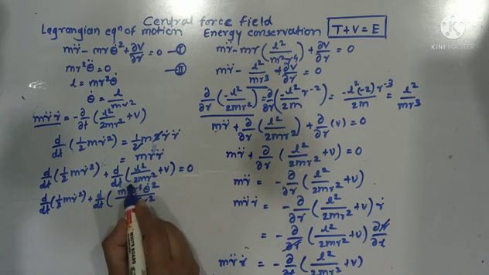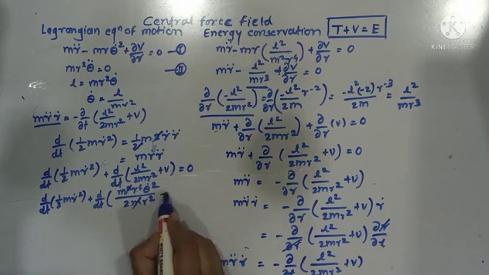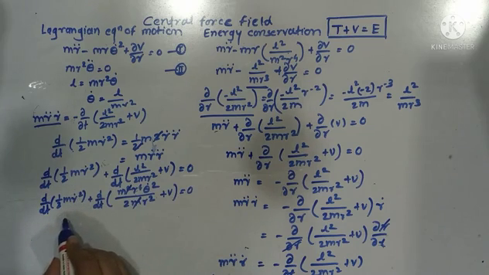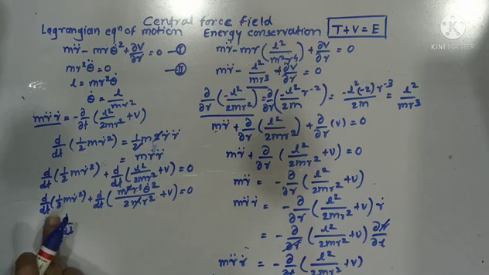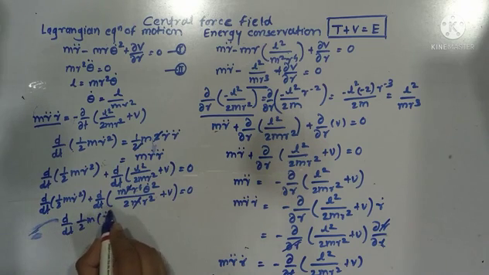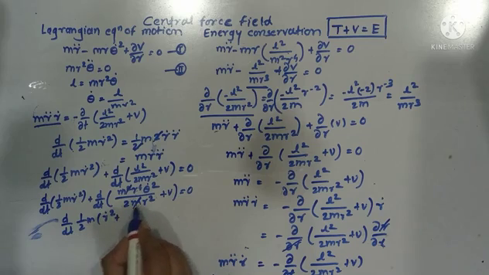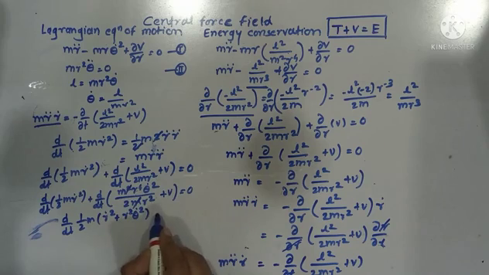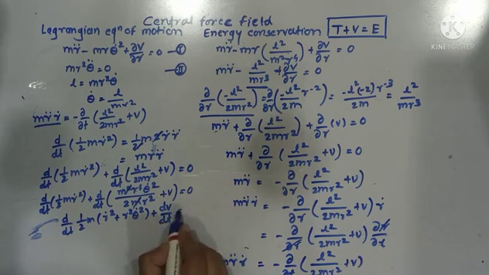This m will get cancelled, plus V is equal to 0, and what I am left with is d by dt of, I will take 1 half m common out of this, 1 half m into r dot square plus r square theta dot square, plus dV by dt is equal to 0.